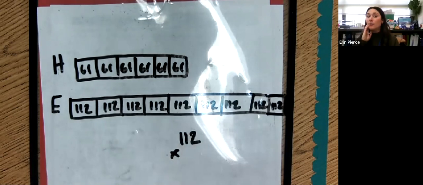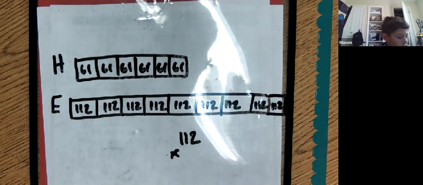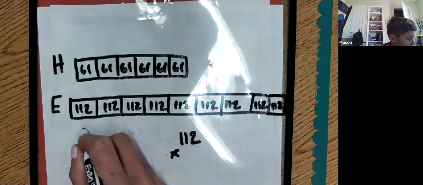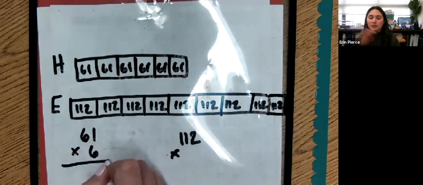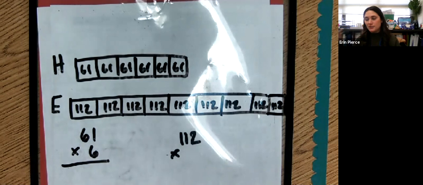No, we're not gonna multiply by 61. We are gonna multiply 112 by something, but that's a different part of the equation. Mason, what should I do? For the first part, we should do 61 times 6. Yes, and then don't give me the answer to that. What else do I need to do?